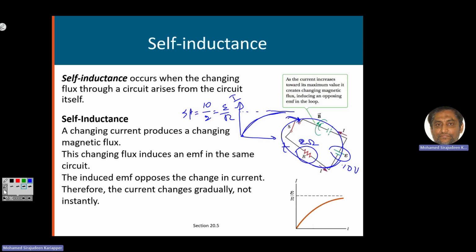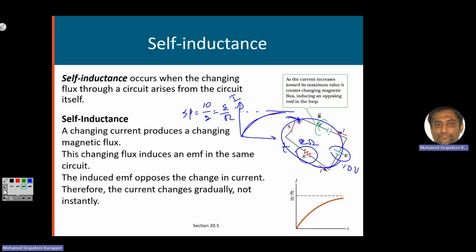Before, there was zero magnetic field through this coil. Now when you close the switch, because of the current, there will be a self-induced magnetic field and a self-induced EMF, which will oppose this change.